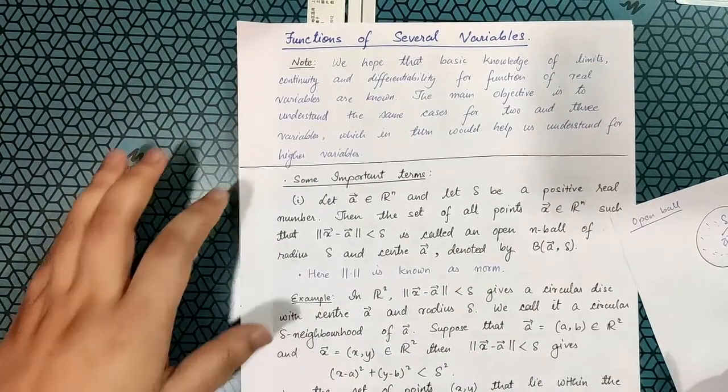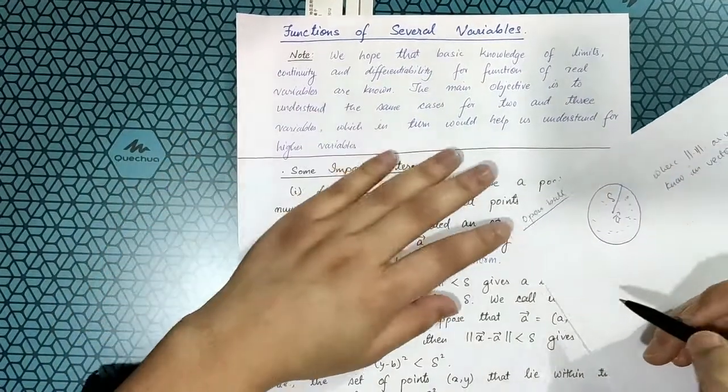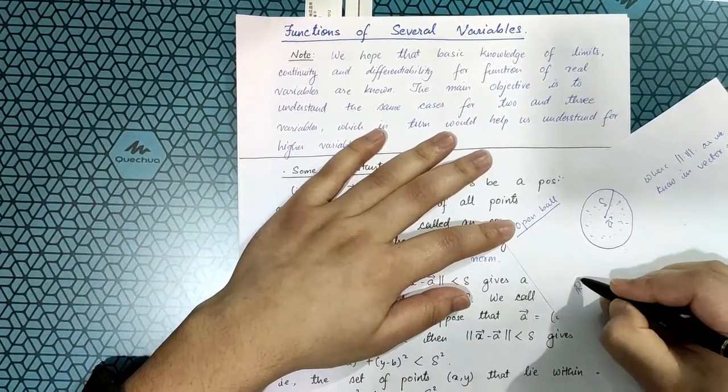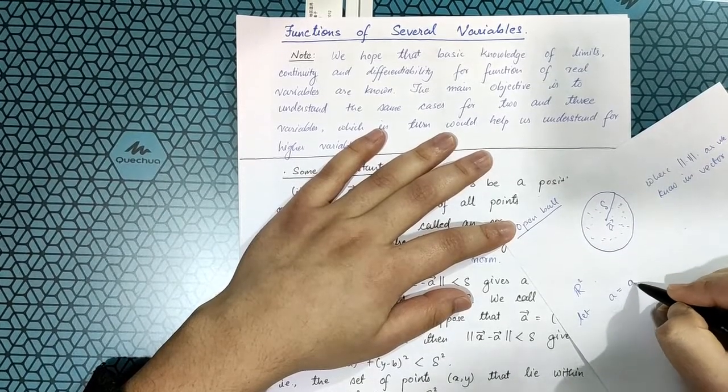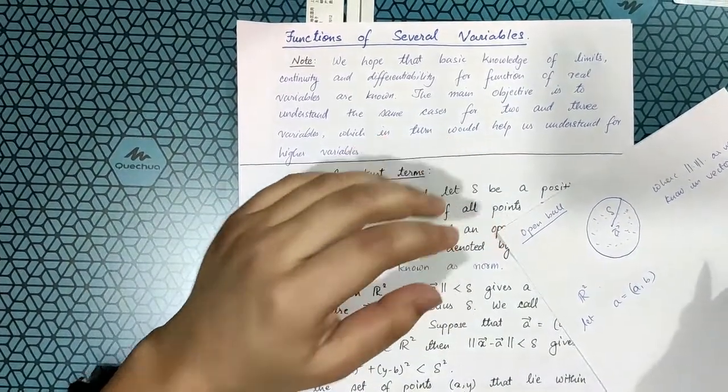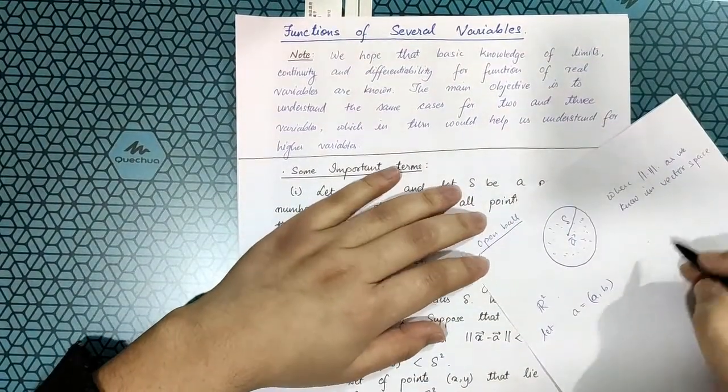Okay, now we normally take it for R2. So let A be equal to some (a, b), a point in R2.